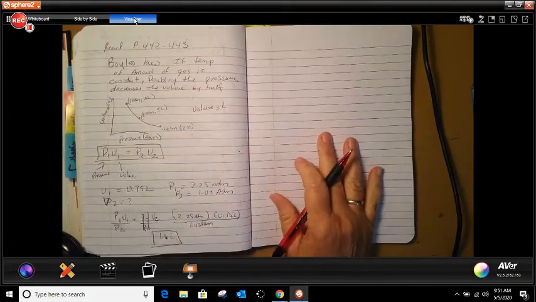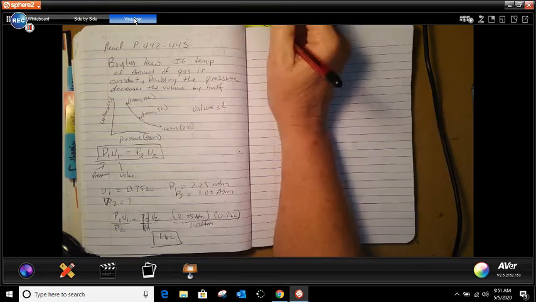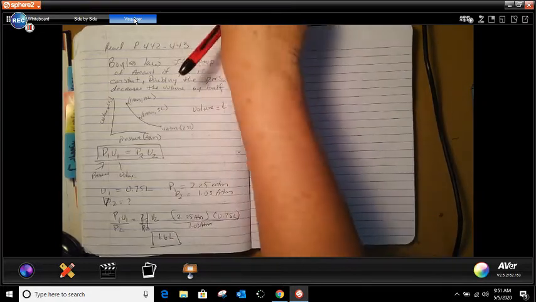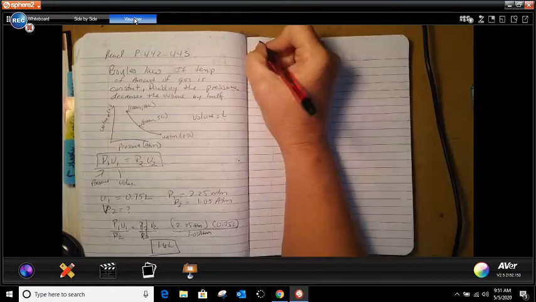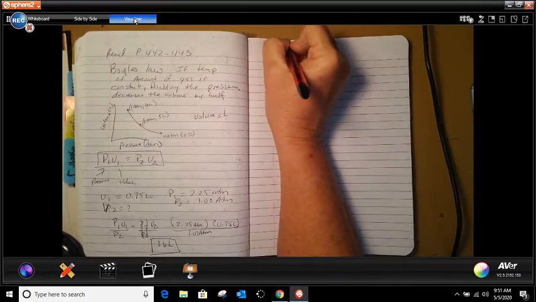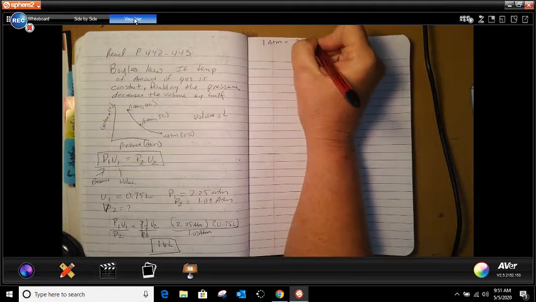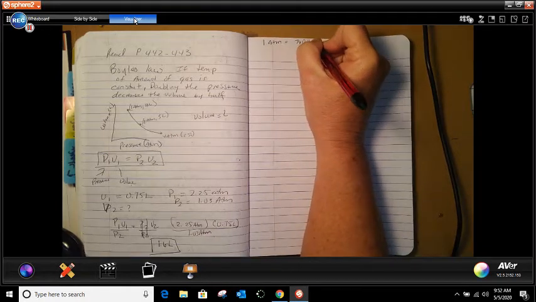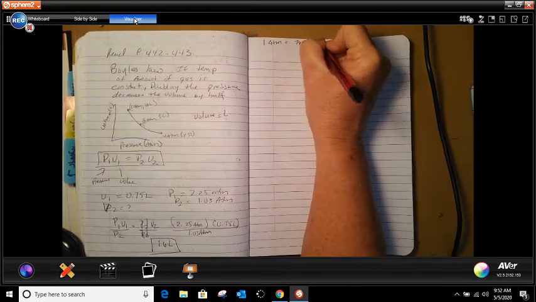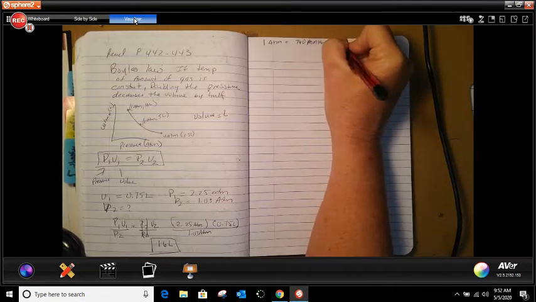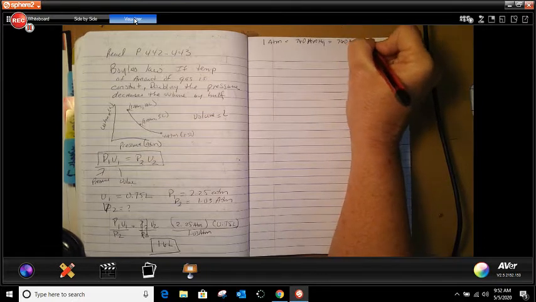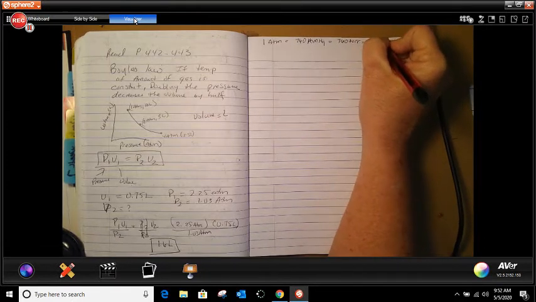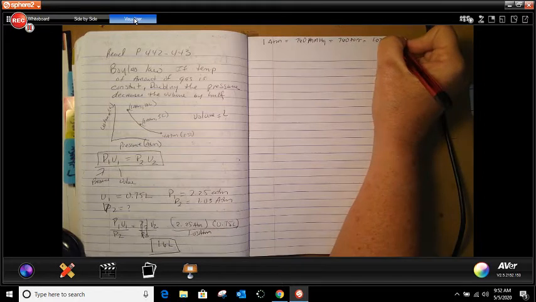But when we're talking about pressure, if you write this down every time and start memorizing it, you'll be okay: 1 atm equals 760 millimeters of mercury equals 760 torr equals 101.3 kPa.